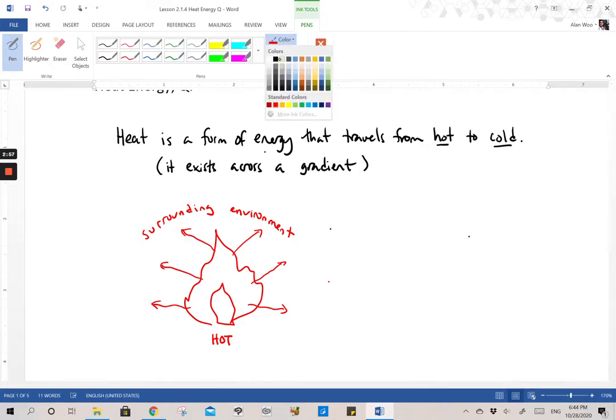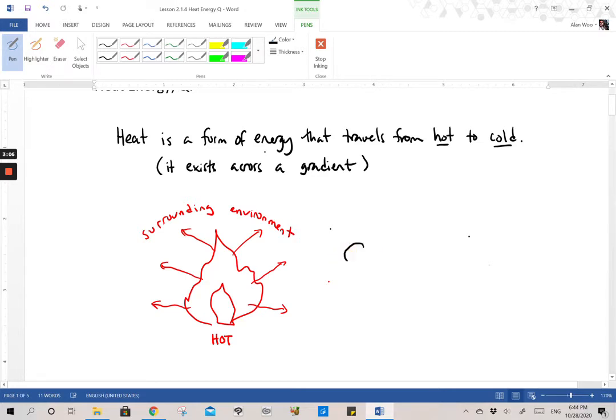Now, suppose there is a person sitting right here. I'm not a very good artist, but I try.